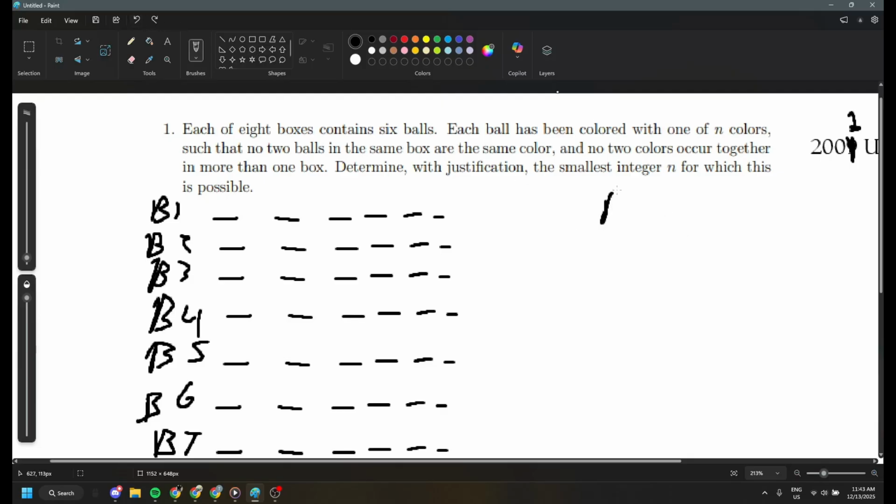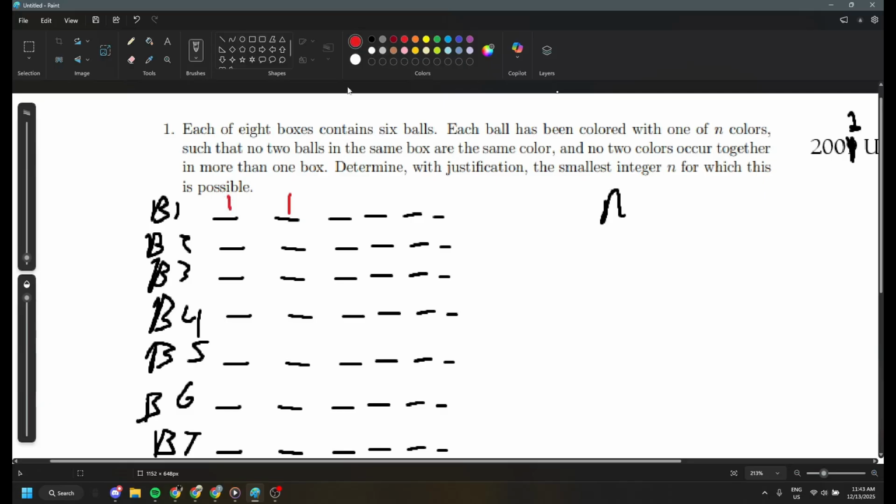Okay, so we need to determine the smallest integer n for which this is possible. Clearly, no two balls in the same box are the same color. So let's just go up. If n is 1, that can't work, because then you'll have red here and red here.